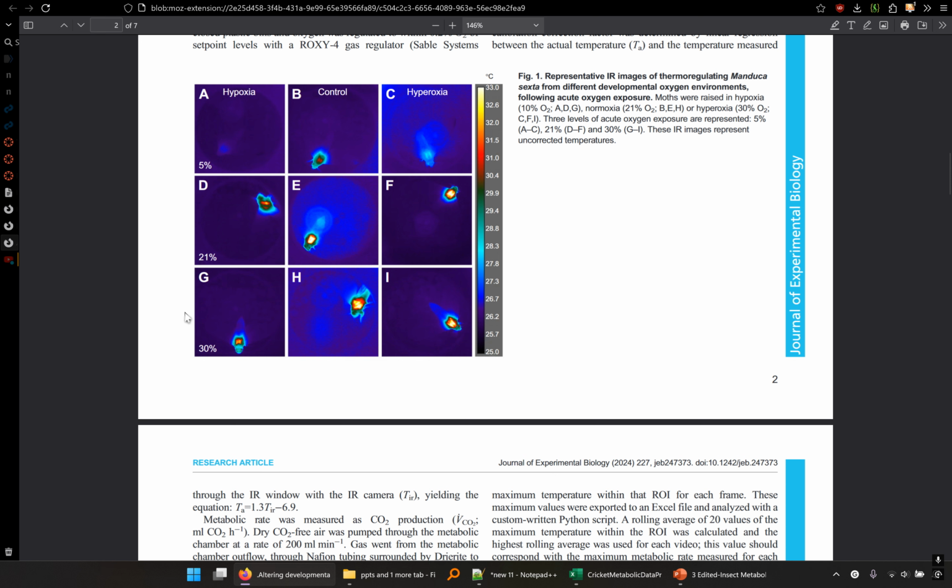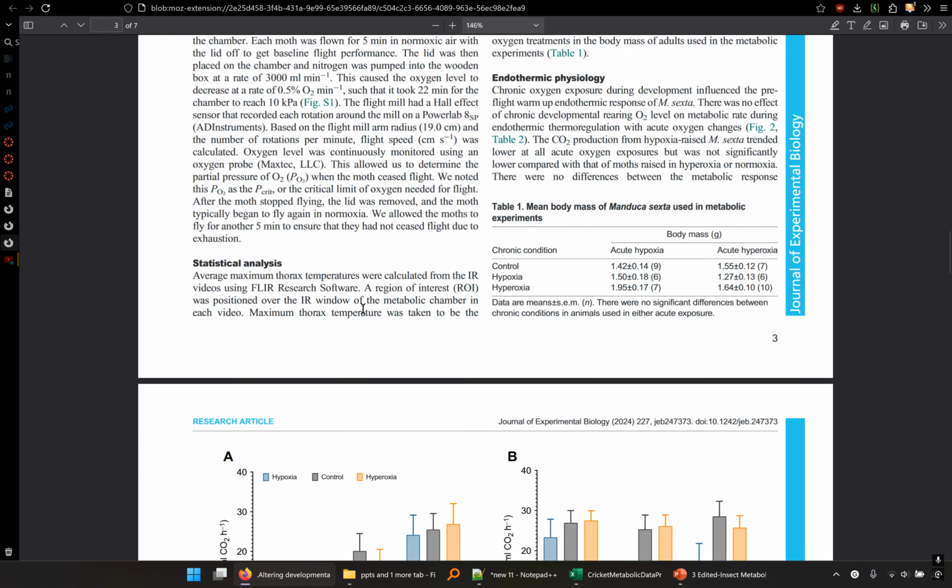So in hypoxic conditions, there's very low oxygen. It's not able to produce enough body heat in order to start flying, which is required for getting their metabolic rate high enough in order to fly. And under control, it's able to reach those temperatures, but under hyperoxia, it performs around the same as control.